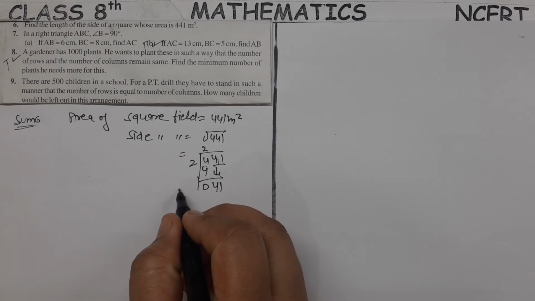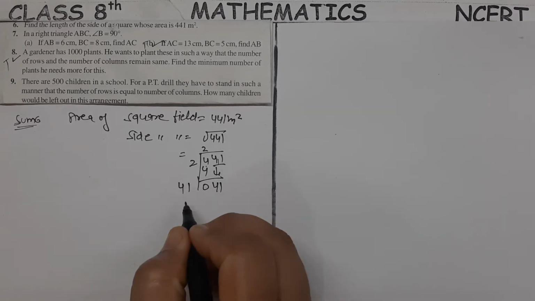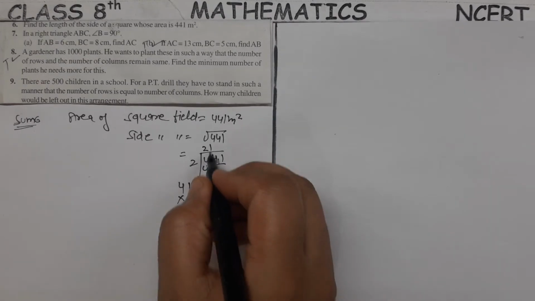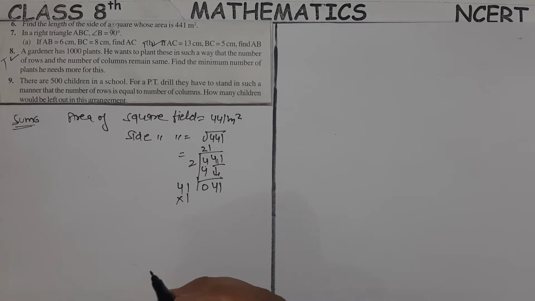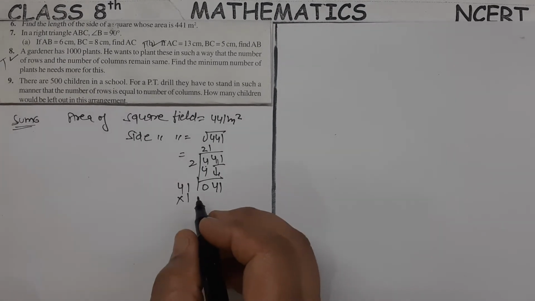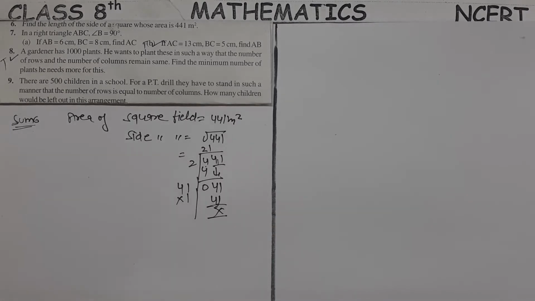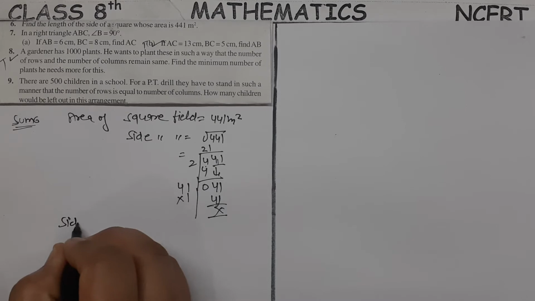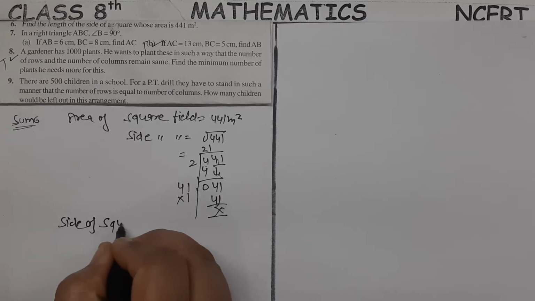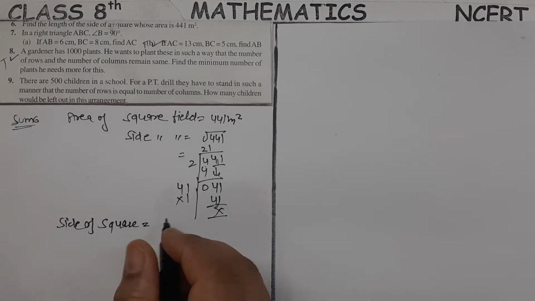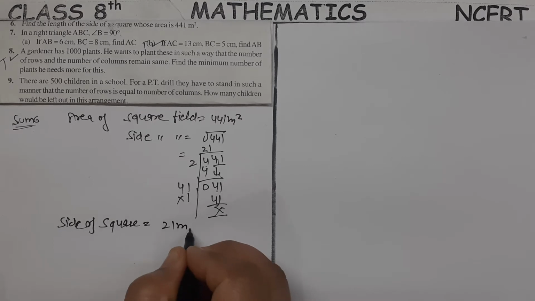Double of 2 is 4. 1 multiplied by 1, and 1 we will write in the quotient. We have after multiplication 41, remainder is 0. So side of square is 21 meter.